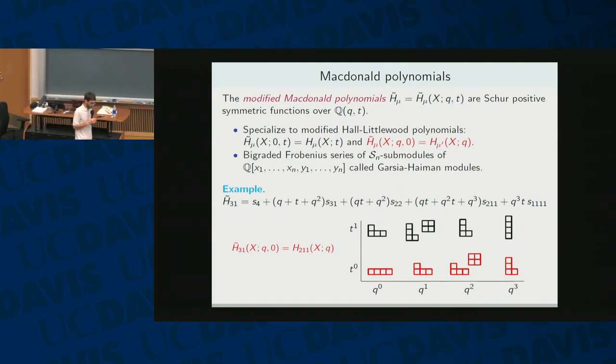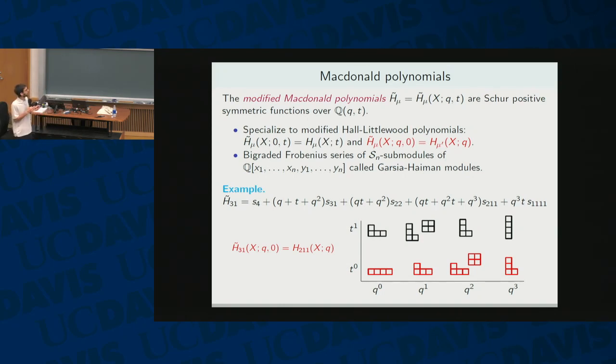Studies of Macdonald polynomials often surrounded the Macdonald positivity conjecture, which in this notation states that these Macdonald polynomials are Schur positive. And this was eventually proven by Mark Haiman around 2000 using the geometry of Hilbert schemes. He was able to show that the H tilde mu's are the bigraded Frobenius series of certain Sn submodules of this polynomial ring in now two sets of variables.